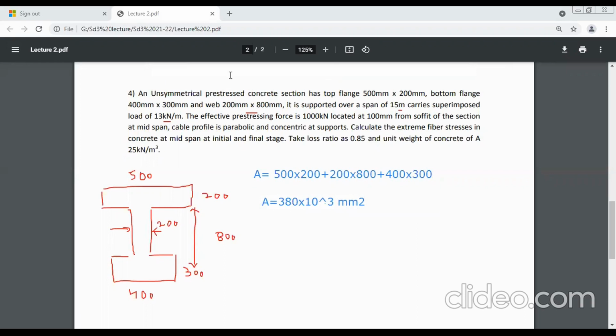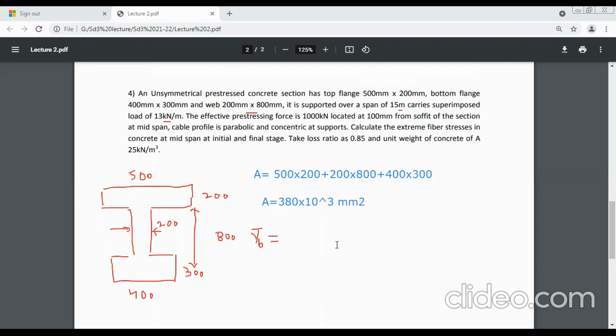Second thing, you calculate the y bar. How do you calculate y bar? We take it from the bottom side, because this section is unsymmetrical. That's why we need to find YB.